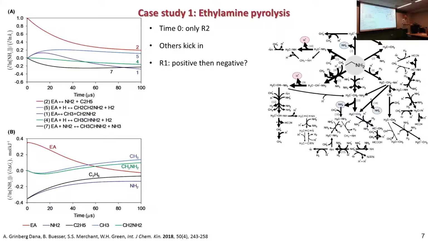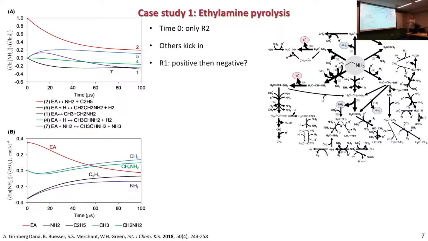Of course, I can't do it physically, but I can do whatever I want in the model. For reaction number 1, if I increase its rate, at first I would observe more NH2 than the base reference, and later I will observe less. That's all you should know.